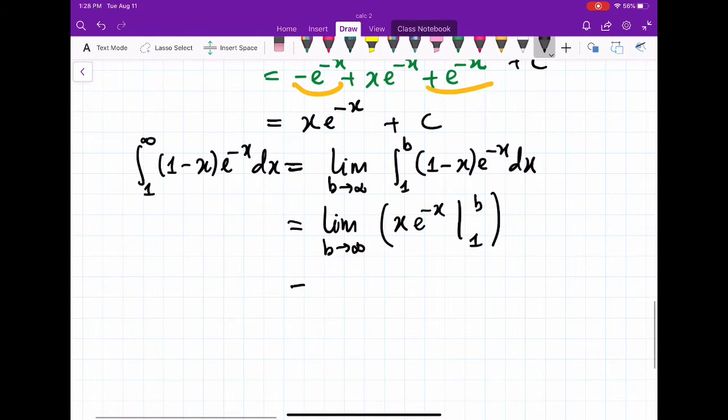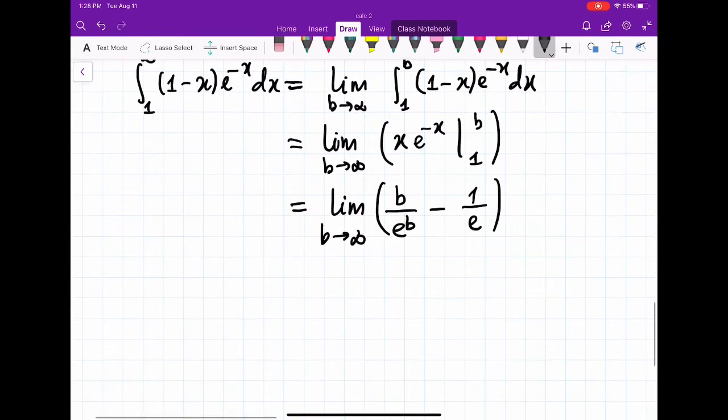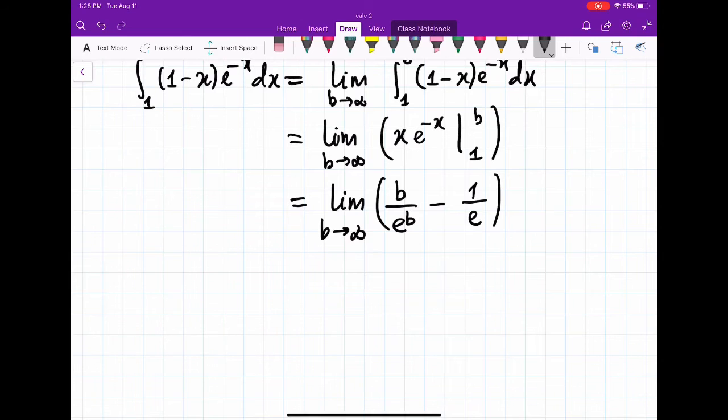Right, and then you plug b and 1 into the function, you get the limit of b over e to the b, I write this way, minus 1 over e, because e to negative 1 is 1 over e, when b approaches infinity. All right, so the limit depends on this term.